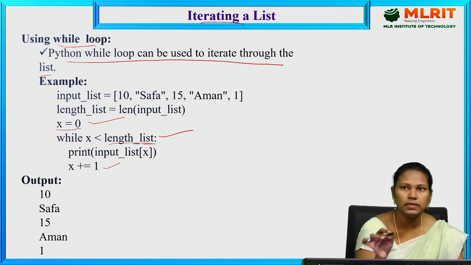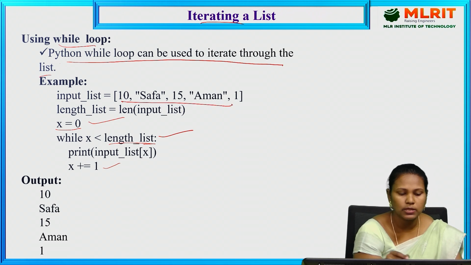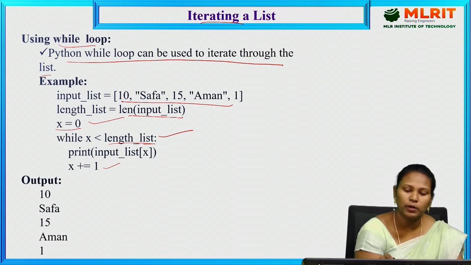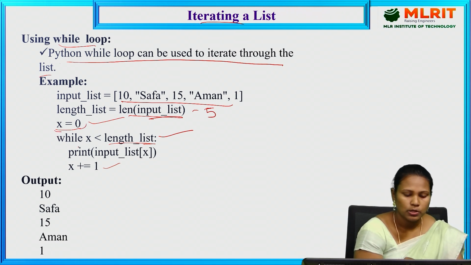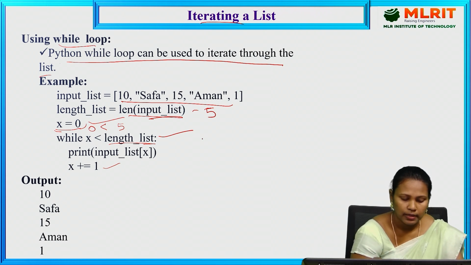Input list contains these values. Length of input list is 5. The starting index is 0, so while 0 is less than 5, the condition is true. It prints the first value, that is 10.